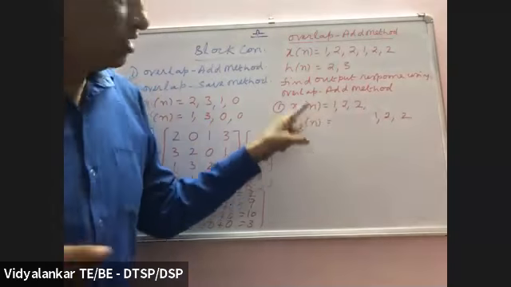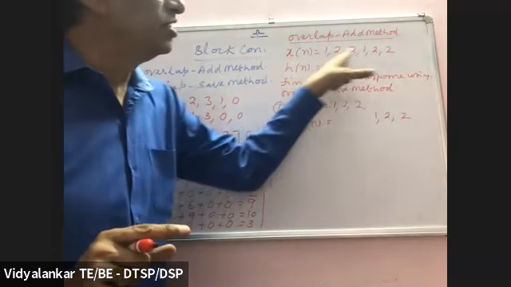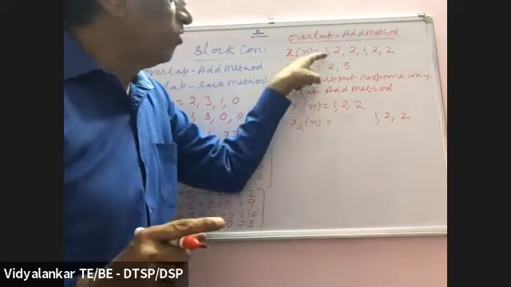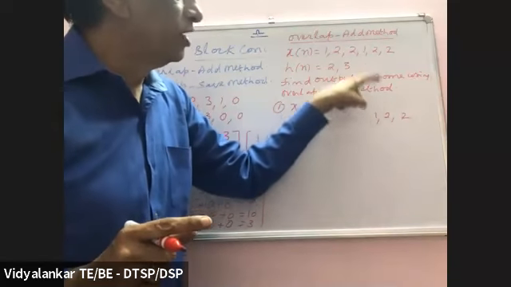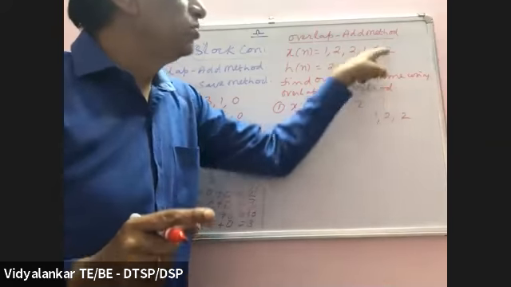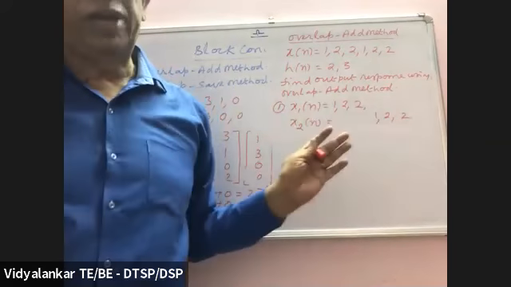Now if you add x1n plus x2n, you will get the same values: 1 plus 0, 1, 2 plus 0, 2, 2 plus 0, 2, 0 plus 1, 1, 0 plus 2, 2, 0 plus 2. So this way first we have to split.